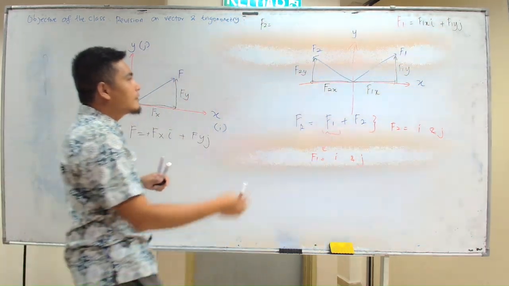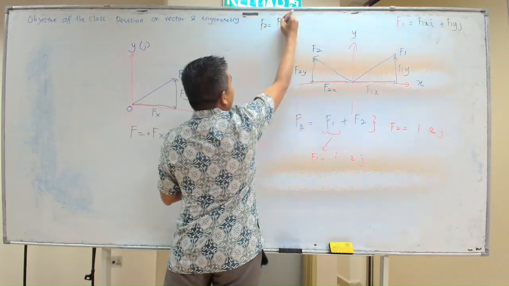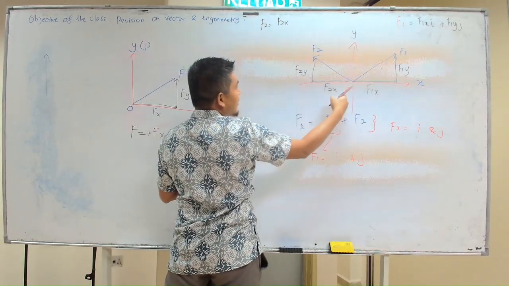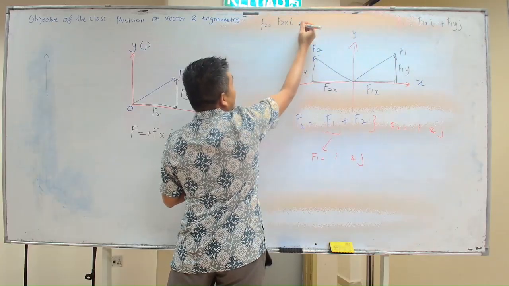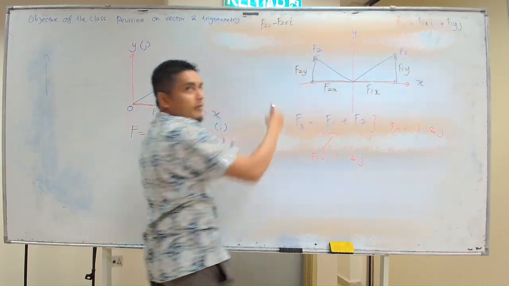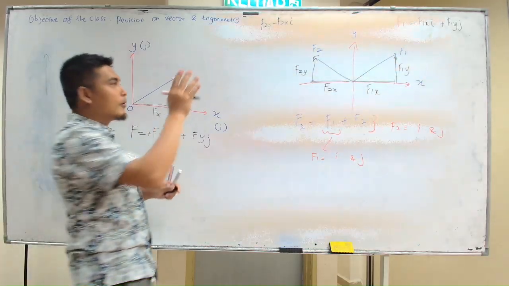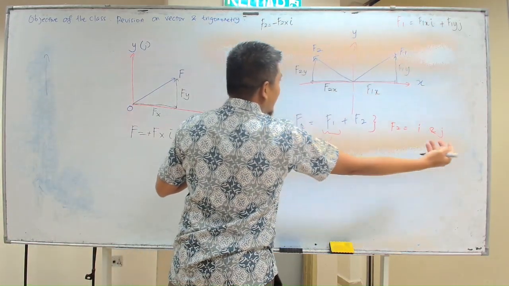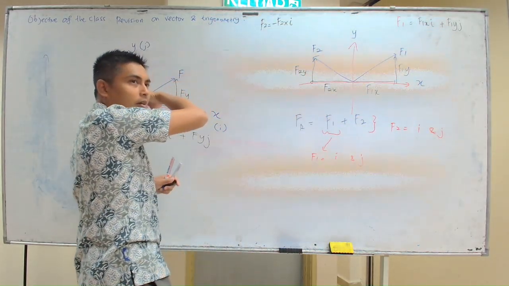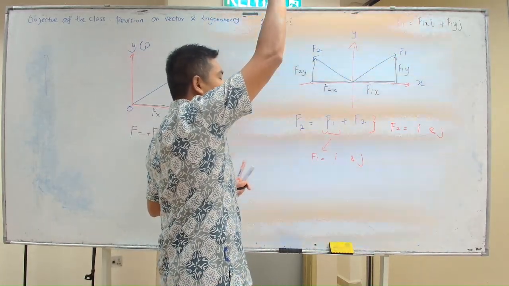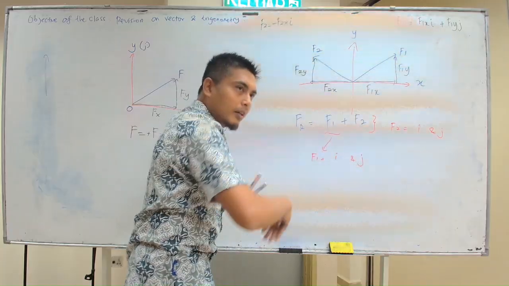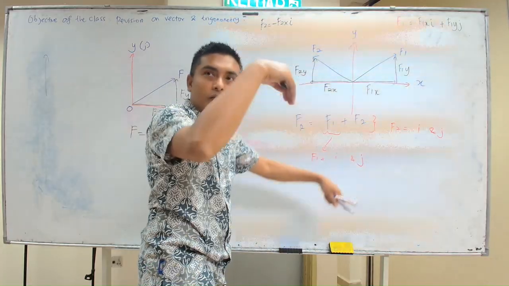So F2 is F2X in what direction? I direction. Is it positive or negative? Negative, because the positive direction is on your right, and the negative direction is on your left. The positive J direction is towards the top, and the negative J direction is to the bottom.